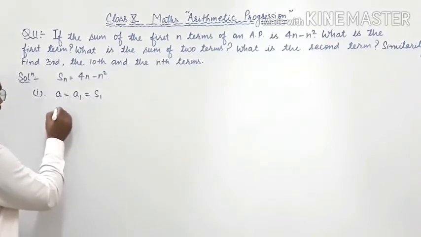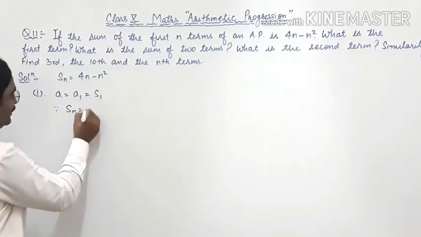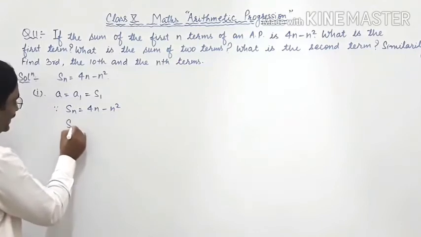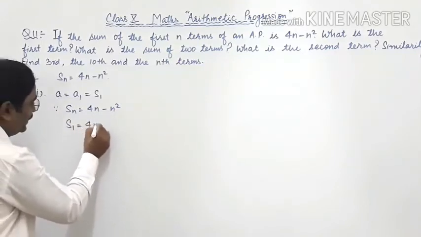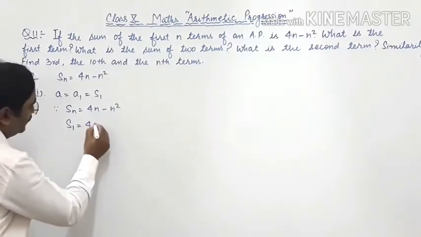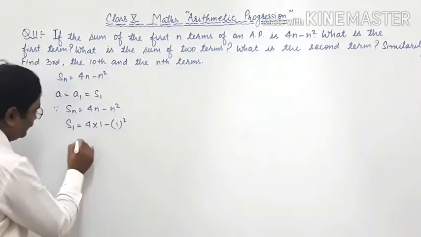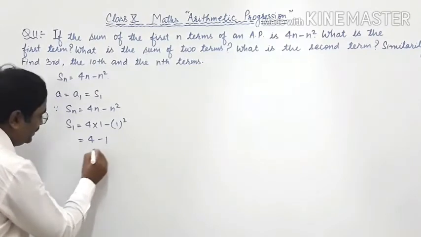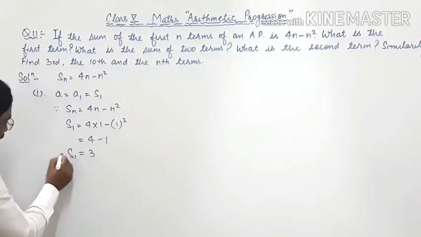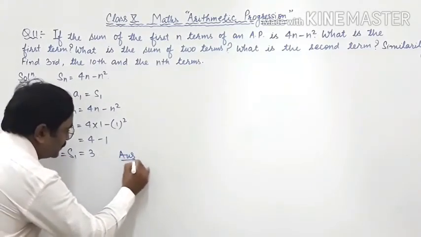Therefore, since Sn is given 4n minus n square, S1 is equal to 4n, at the place of n we have to substitute 1. 4 multiplied by 1 minus 1 square, therefore 4 1s are 4 minus 1 which is equal to 3, and this S1 is also known as the first term, the answer of the first question.